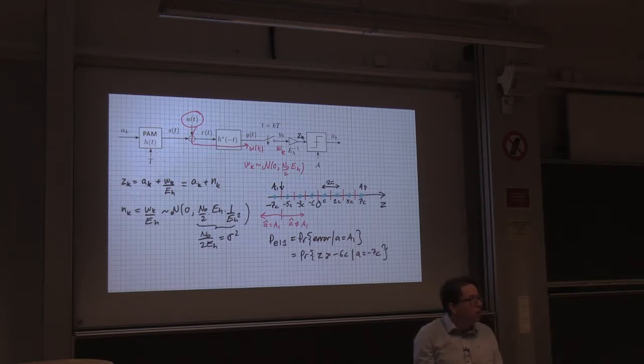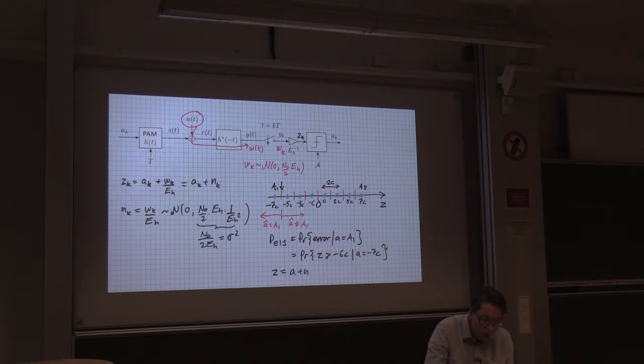Conditioned on that, what we transmitted was the first symbol, namely that A is equal to negative 7C. Okay, so what is Z? Z in general is A plus N.